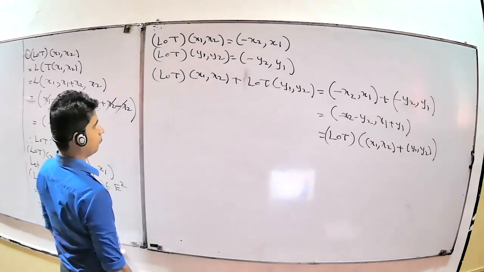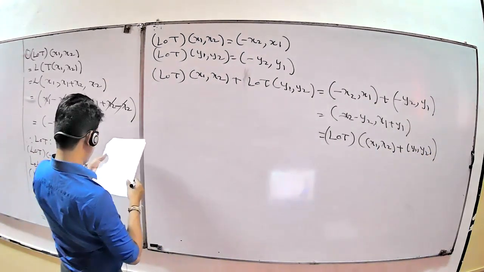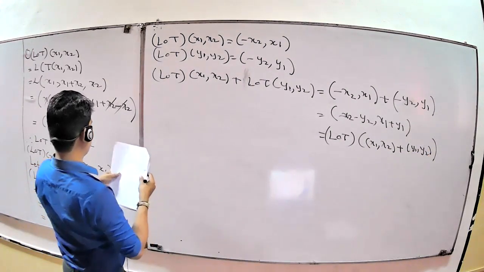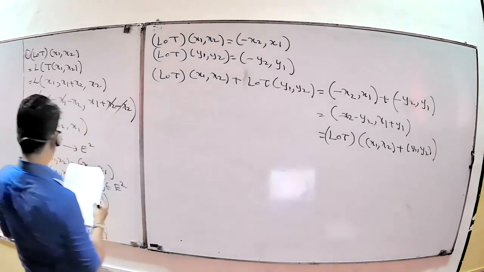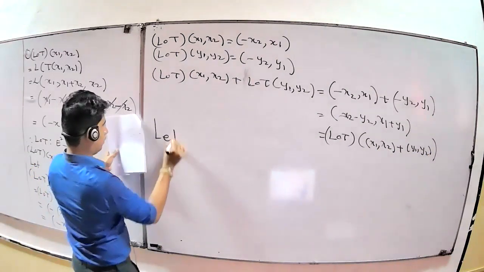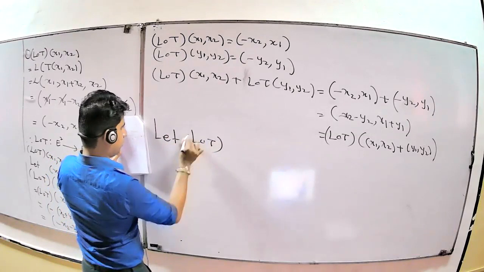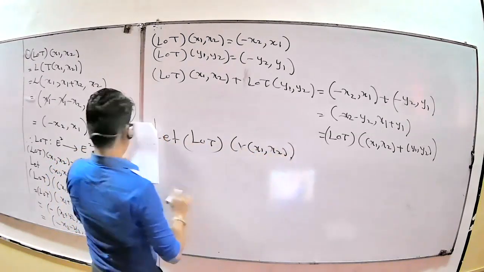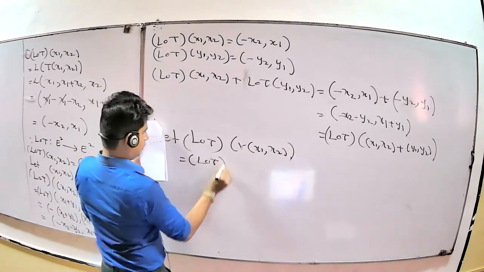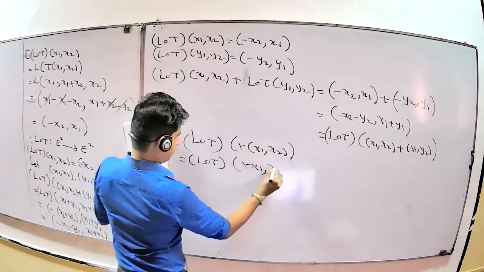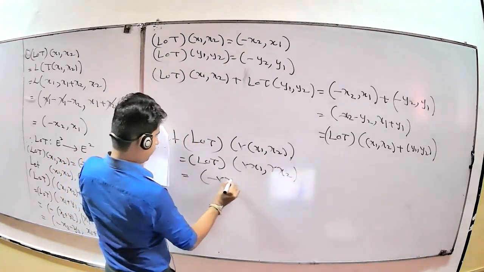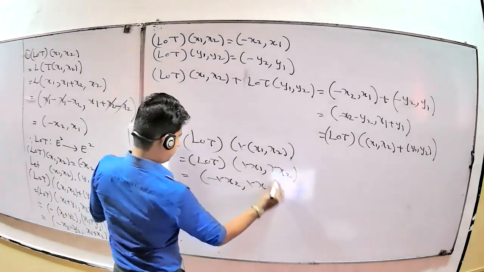Now the scalar multiplication for the linear transformation. Let r be a scalar number. L composition T of r times x1, x2 is L composition T of r x1, r x2, which gives minus r x2, r x1.